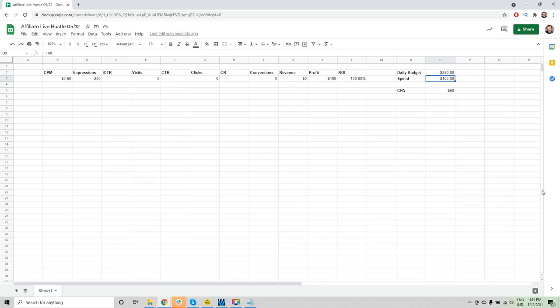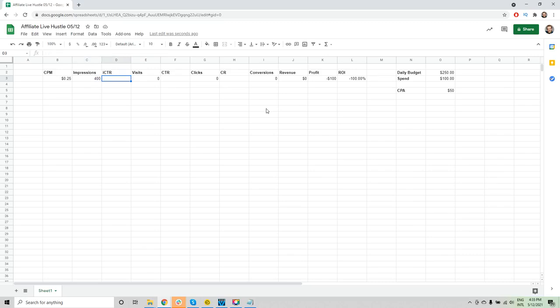So this is indicating that we do not spend our complete daily budget. Okay. So we have a CPM of 50 cents. So 50 cents with that $100 is 200 impressions. Let's actually get this down a little bit more just to give ourselves a little bit more room. So we have 400 impressions for that $100.